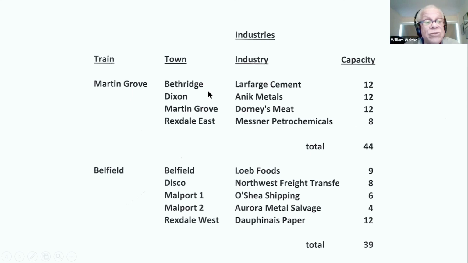But that means that you have to be able to have enough trains to satisfy the needs of the industries. So we divide it into 2. And what is useful is having the capacity. So I would balance total capacity between the 2 trains so that they're more or less equal.